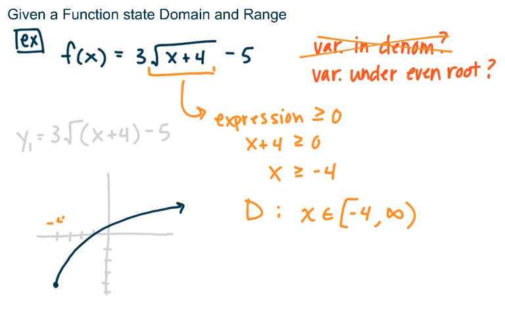You'll notice this vertex point per se is at negative 4, negative 5, and that's what you can see on your graphing calculator. You'll see that at negative 4, all the way right to positive infinity, that represents the domain of this graph. So we're never going to have a value that is less than negative 4.